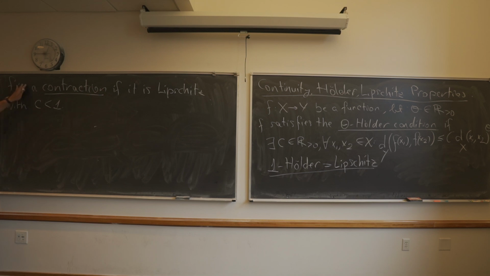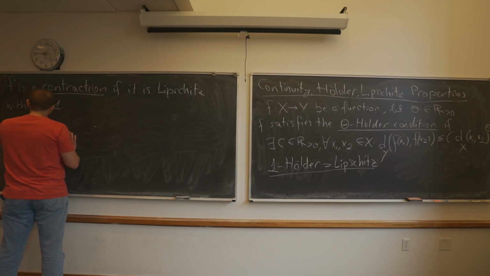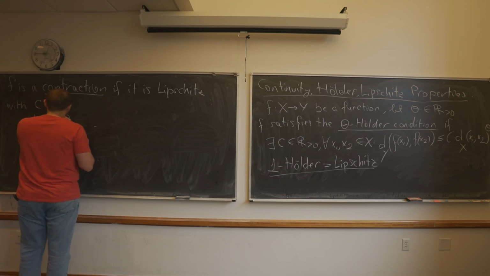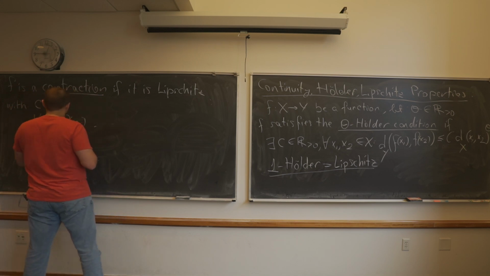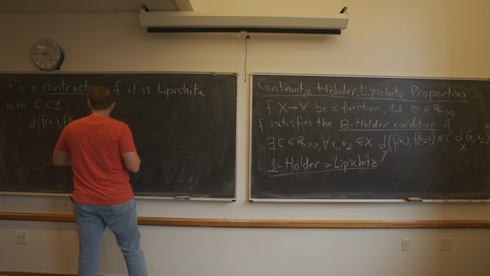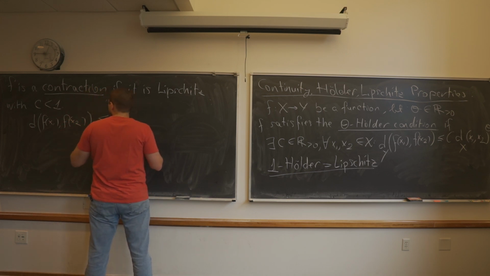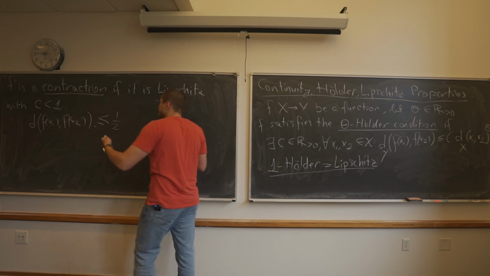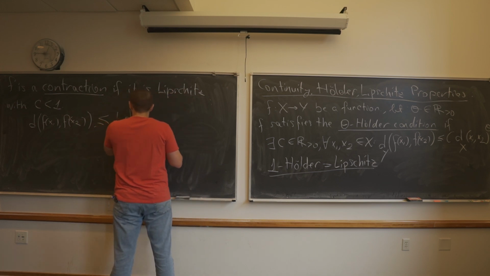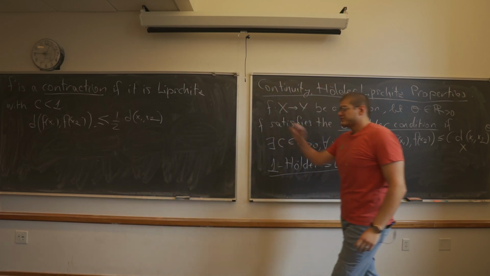But this, I hope, starts to make sense, so let's perhaps write it down explicitly. So let's say 1 over 2, like maybe my C is that number, something like that.